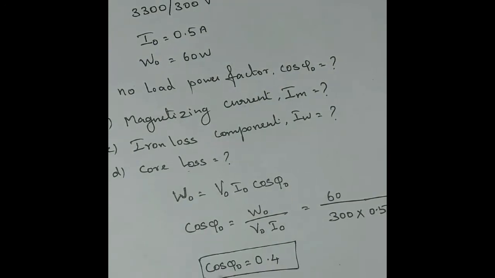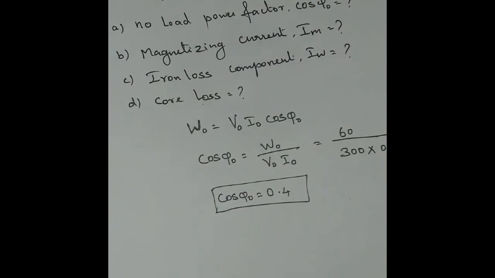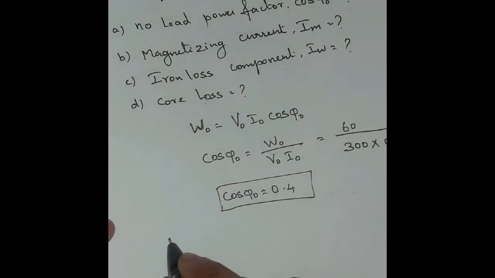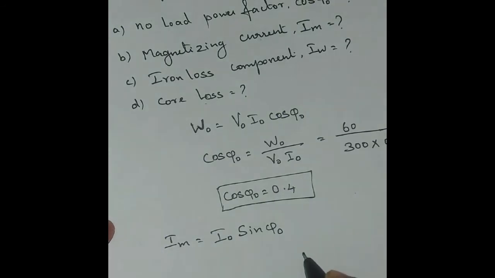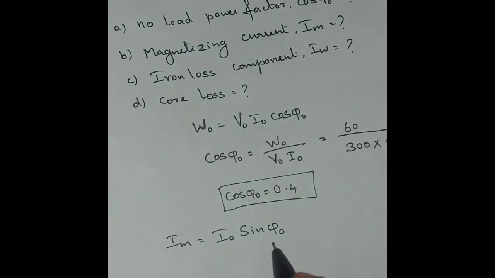Then we have to find out the magnetizing current. The magnetizing current formula is Im is equal to I naught sin phi naught. We know this formula already. It is necessary to find out sin phi naught, correct?